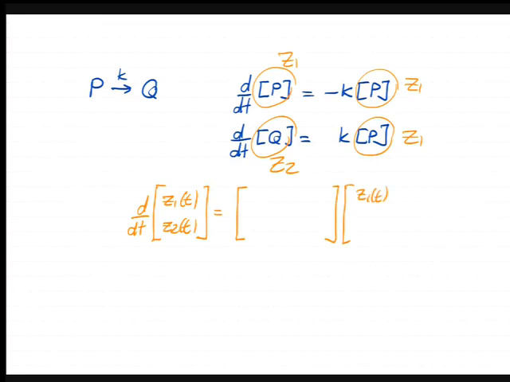So what goes in the matrix? So minus k goes here, multiplying z1. In fact, there's no z2, right? So the terms multiplying z2 are all 0, and positive k appears here, right? So that would be your A matrix in that case. Okay? Yes?